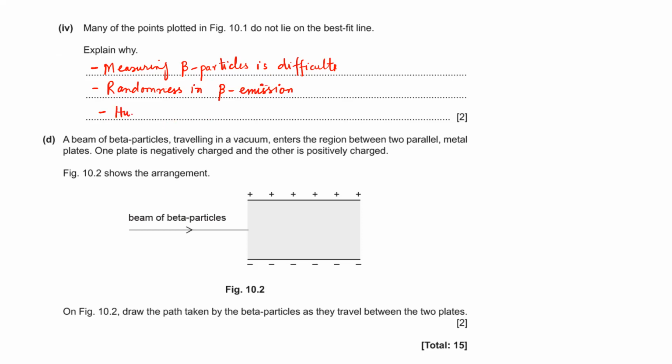There is human error. There is instrumentation error. So there can be multiple reasons for it: random radiation, randomness in beta emission, human error, instrumentation error, measuring beta particles is difficult.